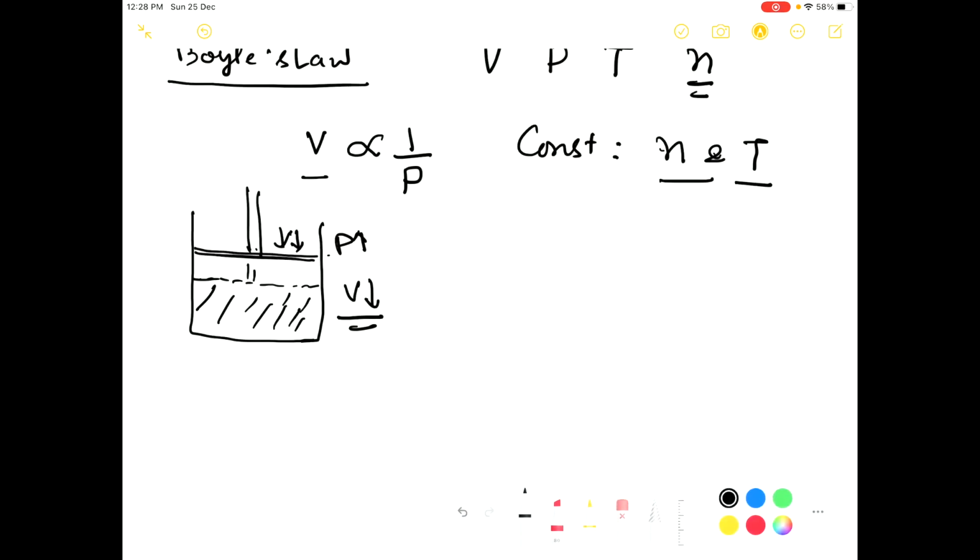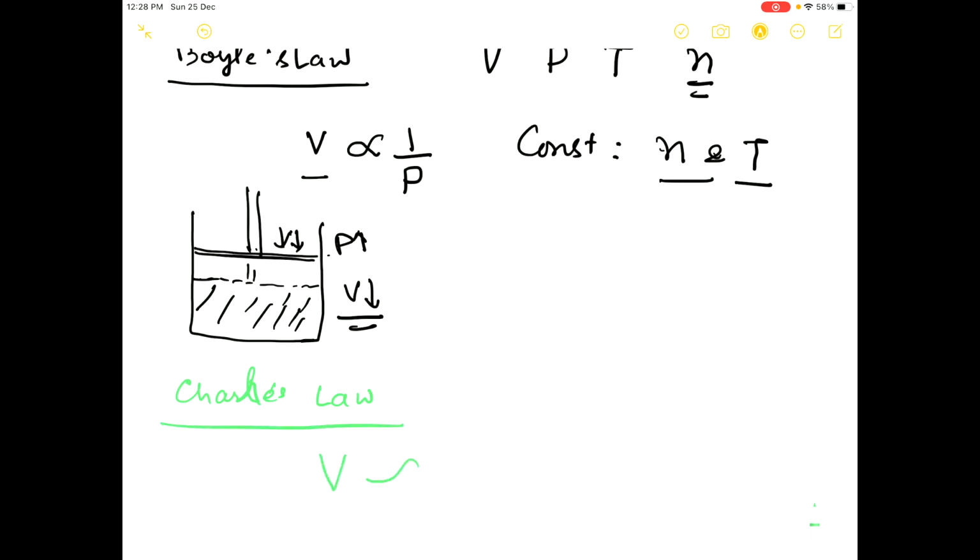Second comes Charles' law. Volume is directly proportional to temperature, and here pressure and number of moles are kept constant.